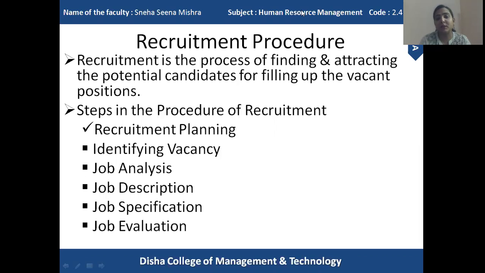So on the screen you can see the various steps of recruitment procedure. The first one is recruitment planning, and under that there are around 5 points: identifying vacancy, job analysis, job description, job specification, and the last one in the recruitment planning step is job evaluation.